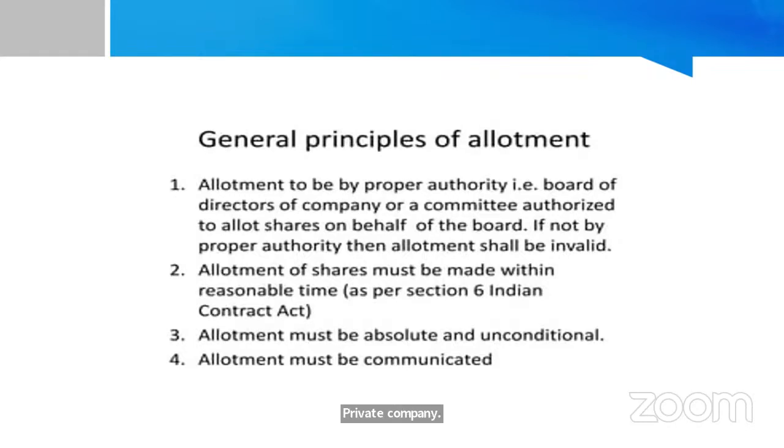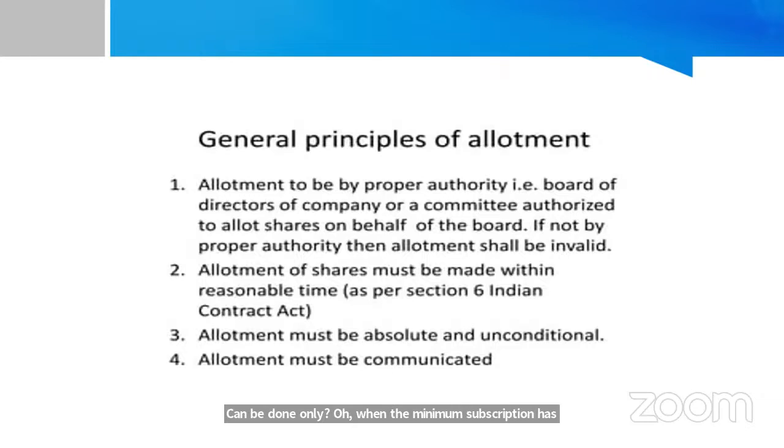Let me go to the next, allotment. Allotment means once you have applied for the shares, if the minimum subscription has been received, then the allotment of the shares can be done only when the minimum subscription has been attained.